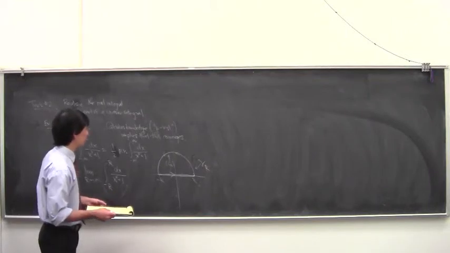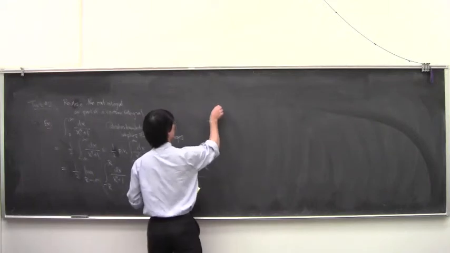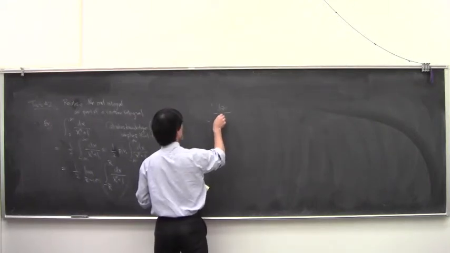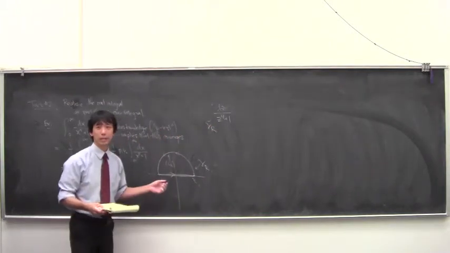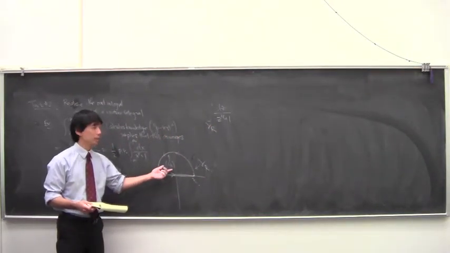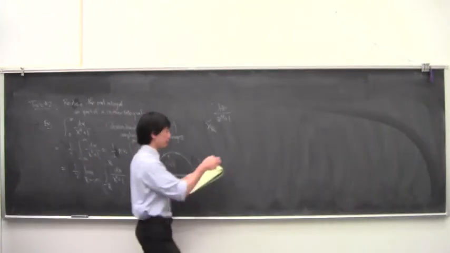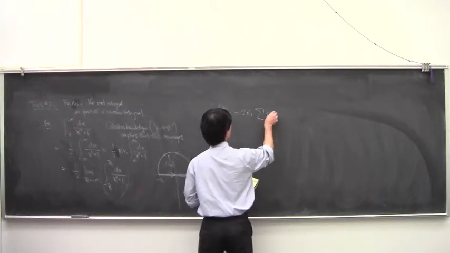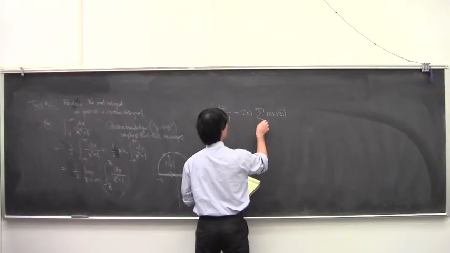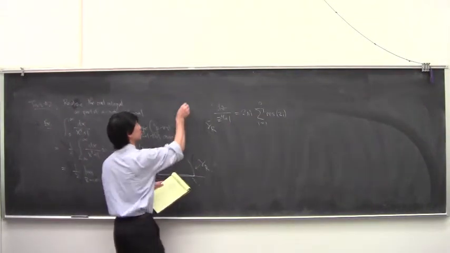So what's the idea? The integral of dz over z to the fourth plus 1 over gamma r, how can we get it? By using the residue theorem. We'll get that this is 2 pi i times the sum of the residues, i equals 1 to whatever.